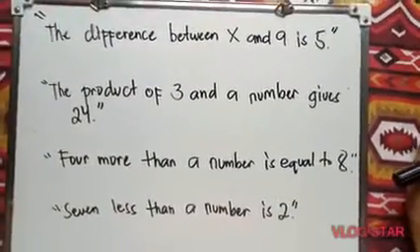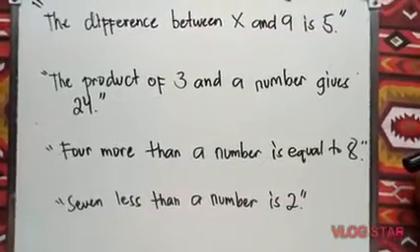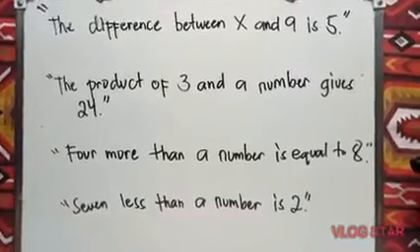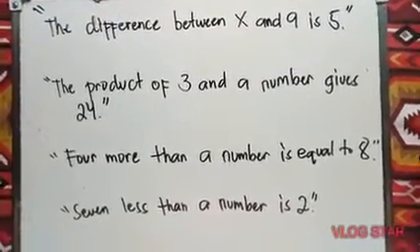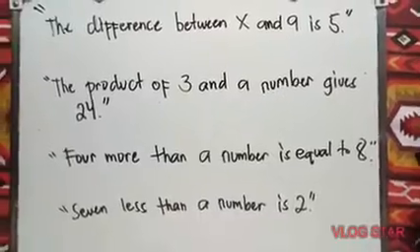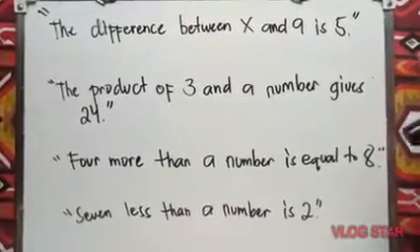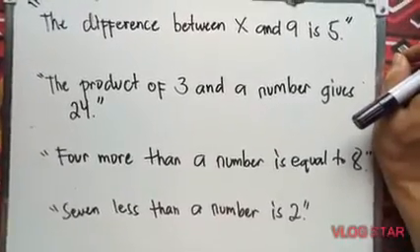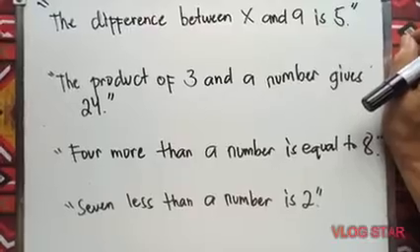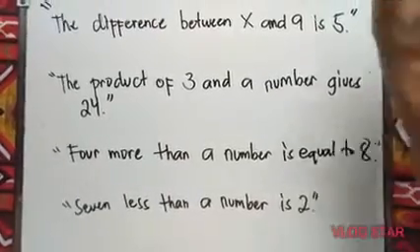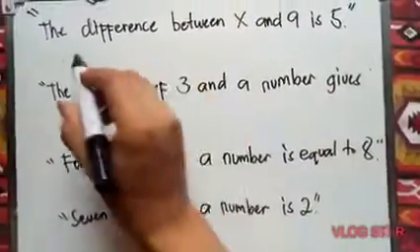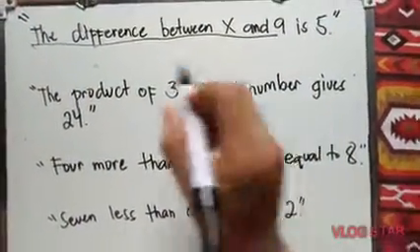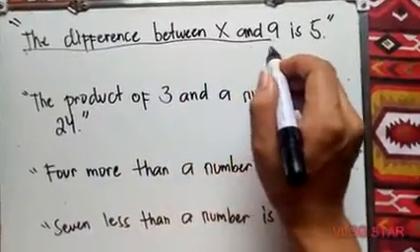Here are some examples of word sentences that we will write into algebraic equations. Before we write an equation, we should write first the algebraic expression. Let's write this into an algebraic expression: the difference between x and 9.